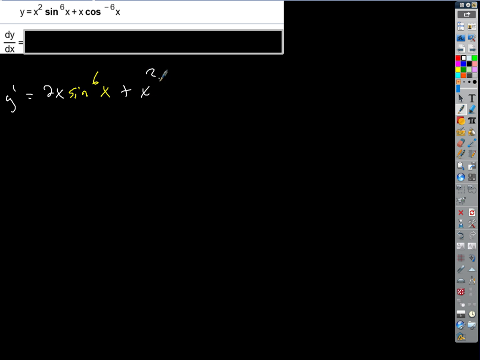Okay, so x squared times, would you write the 6 right there? So what about that 6? Now remember that 6, what that really means is sine to the 6th of x. You might want to write this down, but after a while, if you've done this a few times, you start to see that you can just keep track of that in your mind. But really that is 2 layers.